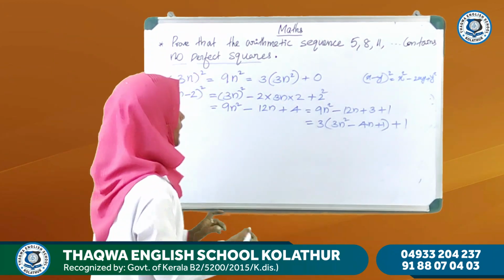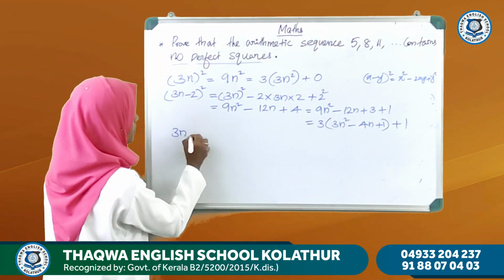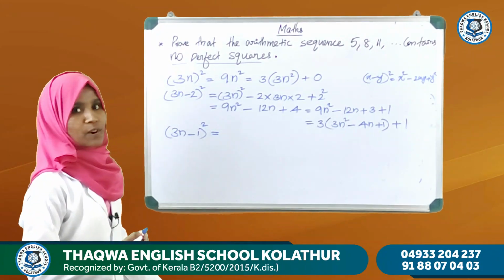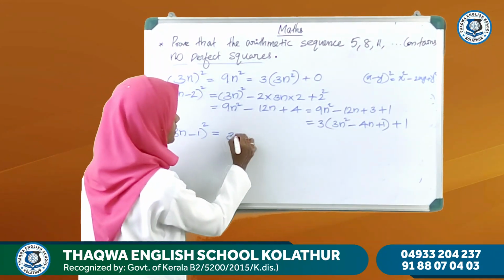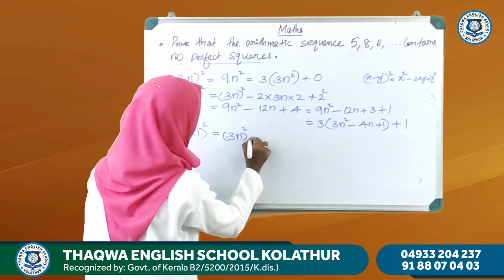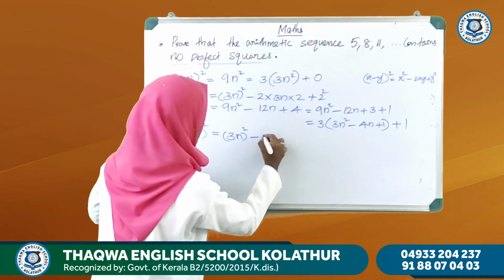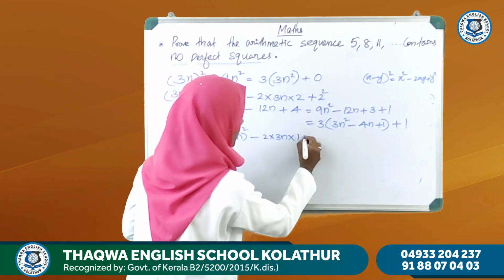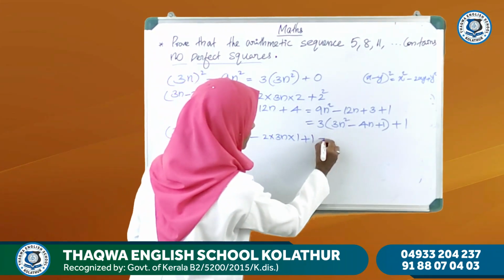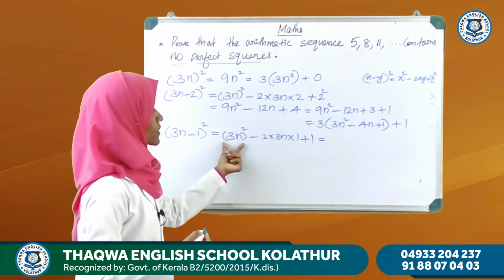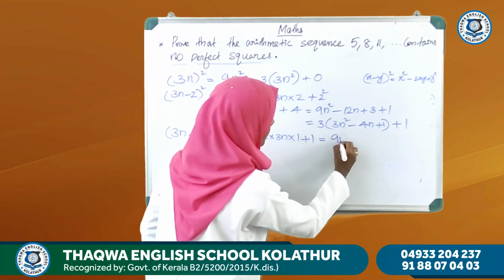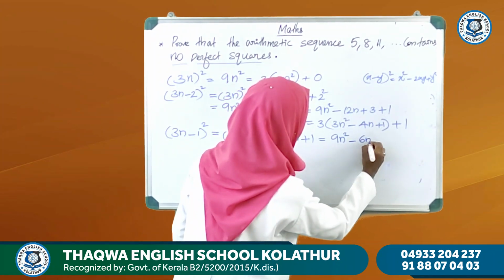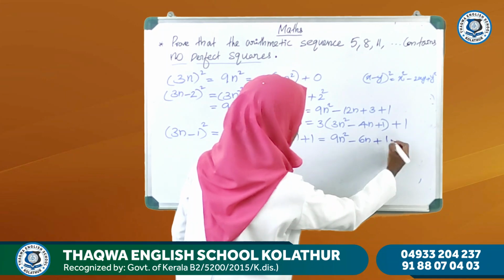The next, third case, 3n minus 1 whole square. That is 3n whole square minus 2 into 3n into 1 plus 1. It can be written as 9n square minus 6n plus 1.